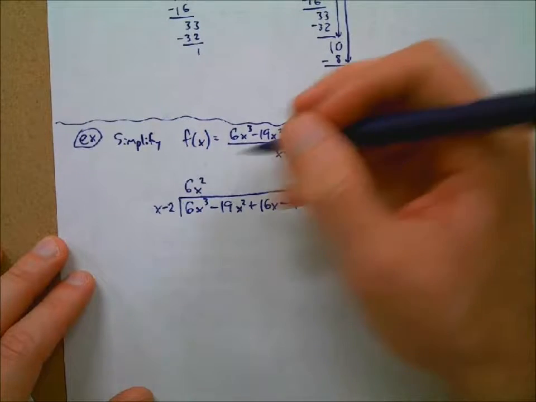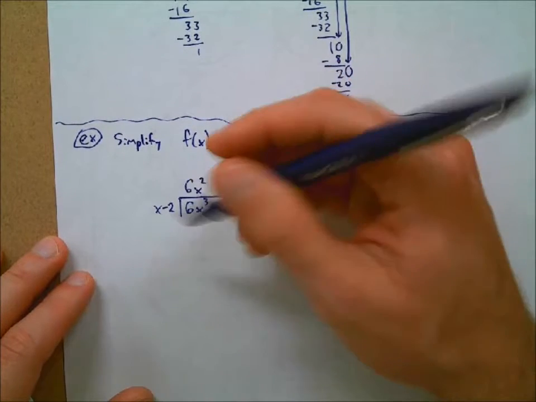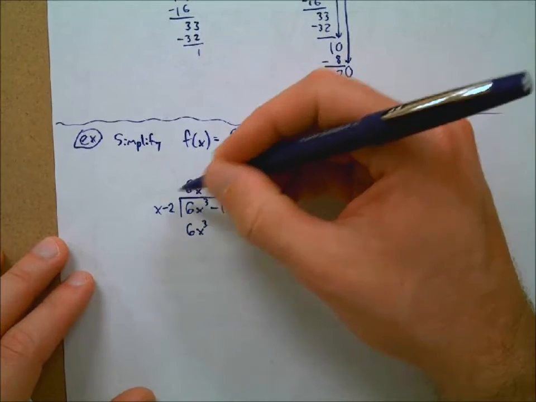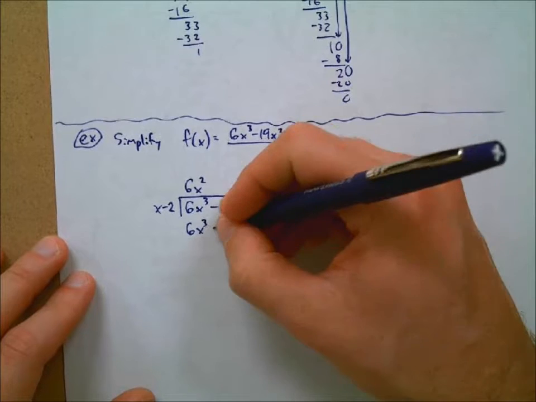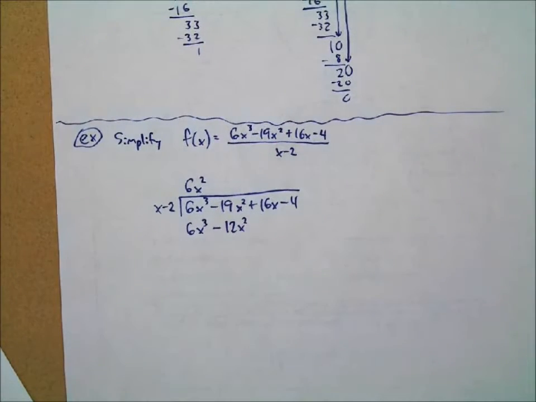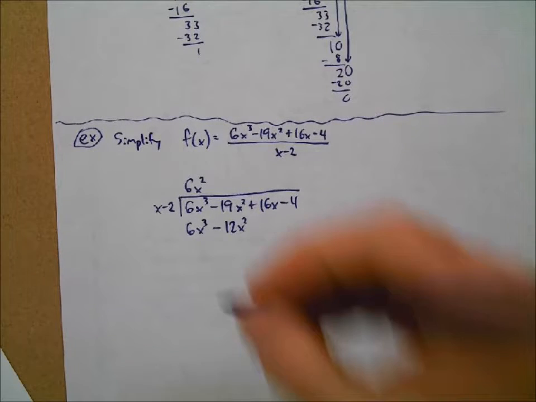6x squared. So we'll put a 6x squared right there. I'll do 6x squared times x, 6x to the third. The 6x squared is also going to multiply the minus 2, so minus 12x squared. Then we're going to subtract this quantity.